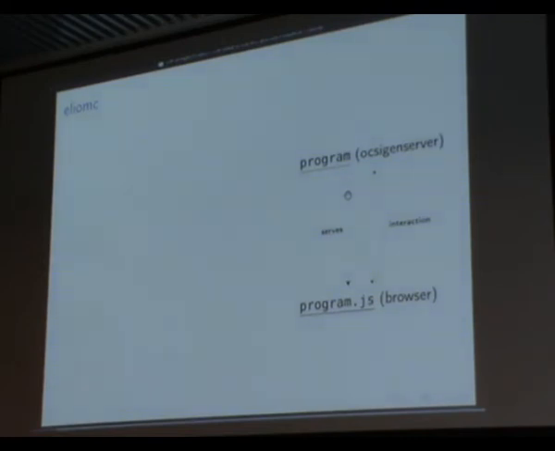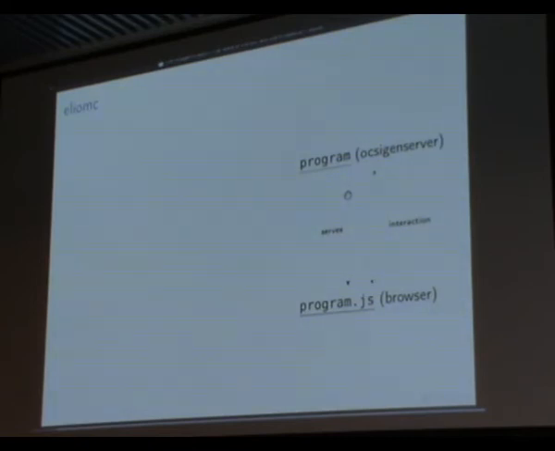There's a program constantly and uniquely running on the server, on the Ocsigen server in this case. And there's a client-side part of the program, which is running in each browser tab independently, and which is sort of an uncoupling of the server program at the time of the first request.